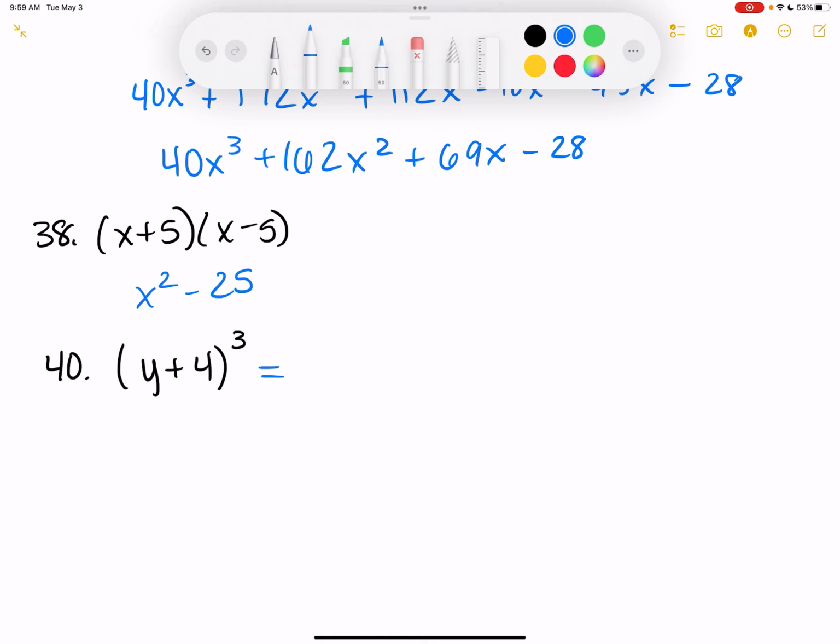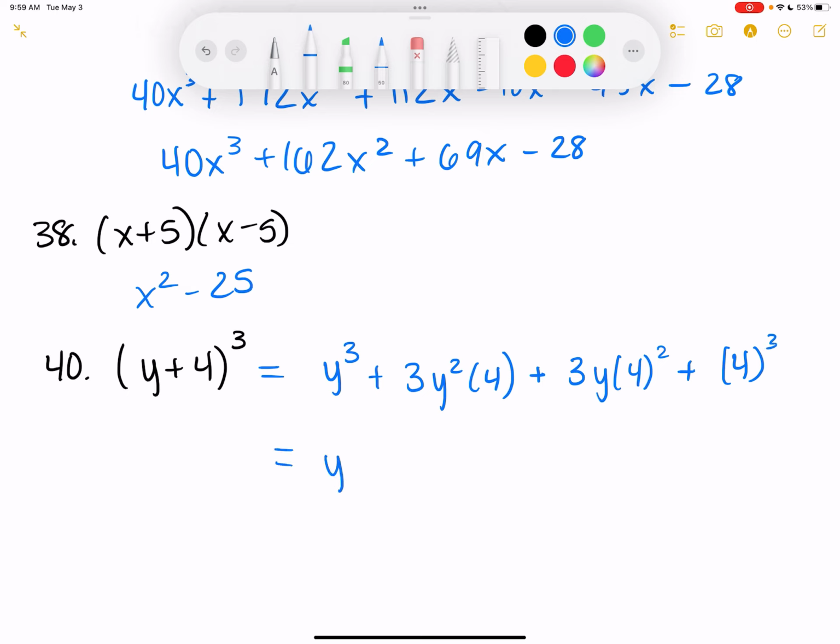So, a cubed, so y cubed, plus 3a squared b, so 3 times y squared times b, which is 4. So that's why I'm saying you probably will take 2 lines, at least while you're getting used to it. Plus 3 times a times b squared, so y times 4 squared. Plus b cubed, which is 4 cubed. And then I just need to simplify it.